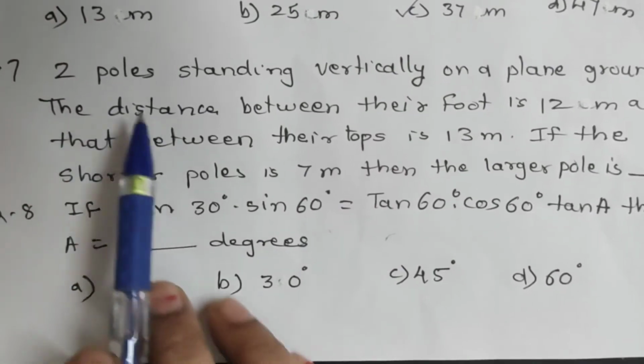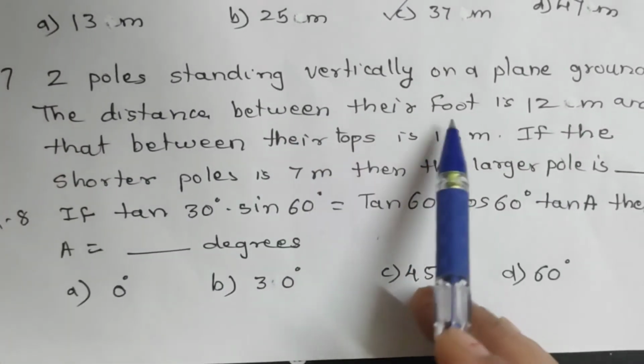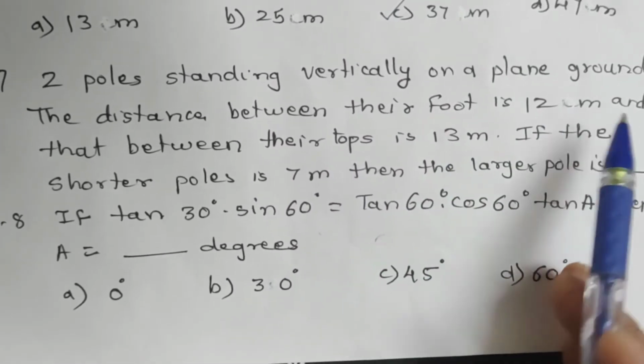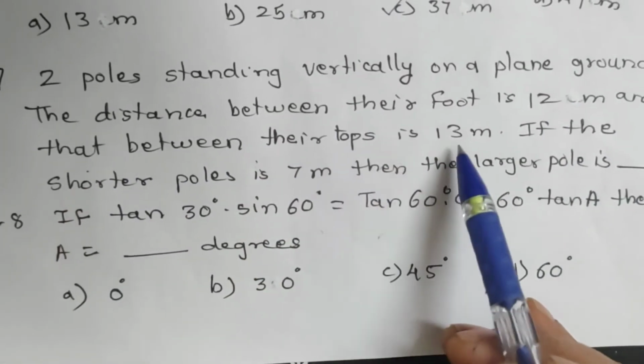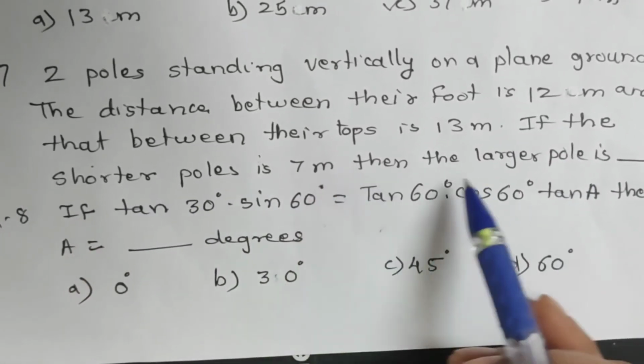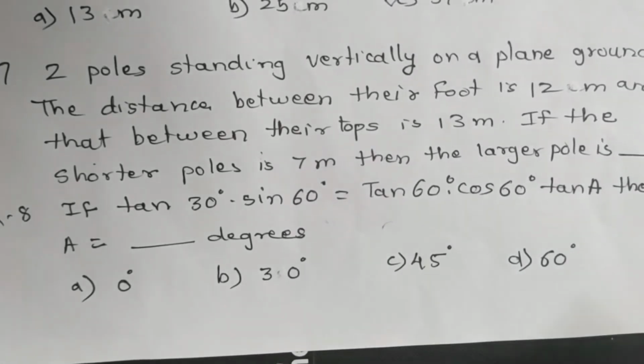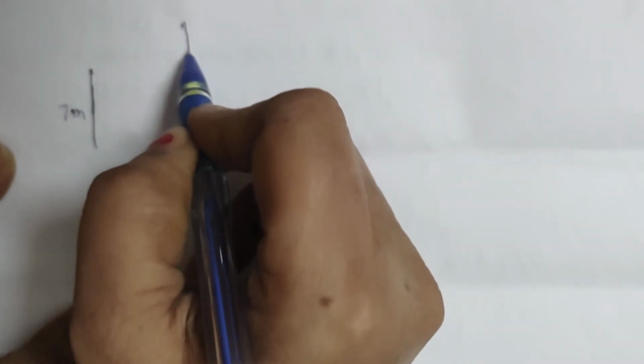Question number 7. Two poles standing vertically on a plain ground. The distance between their foot is 12 meter and that between their tops is 13 meter. If the shorter pole is 7 meter, then the larger pole is dash. So first draw the figure. So smaller pole is 7 meters and this is our longer pole.